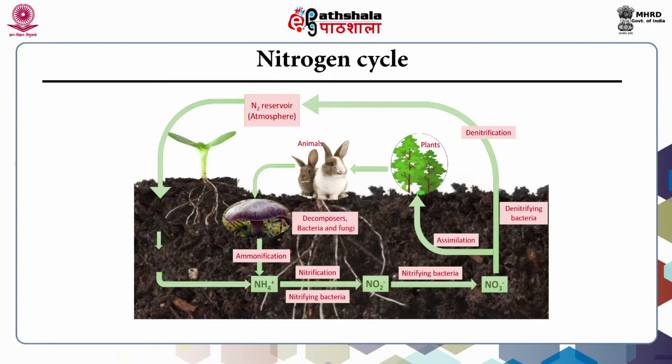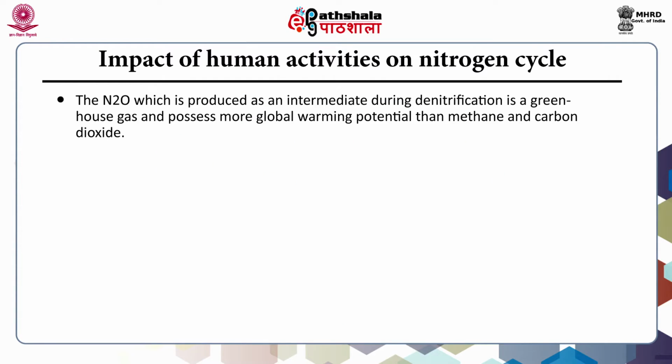So, here again it is clear how the gaseous nitrogen exchanges itself between the abiotic and the biotic component of an ecosystem. Now, let us discuss how the anthropogenic activities disturb the nitrogen cycle.